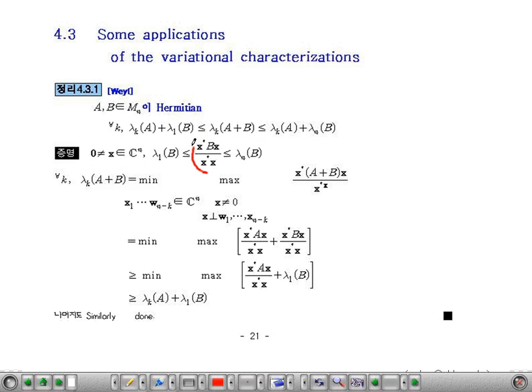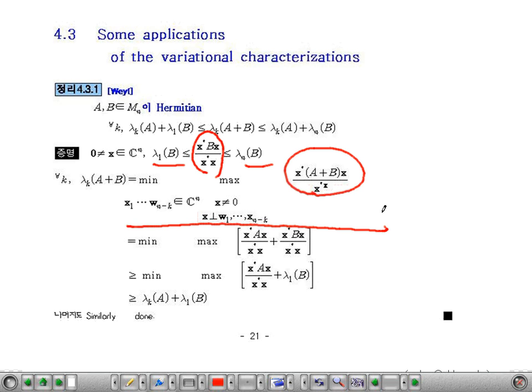We know this Rayleigh-Ritz ratio is in between the smallest and largest eigenvalues of B. So we think about this: the Rayleigh-Ritz ratio of A plus B.